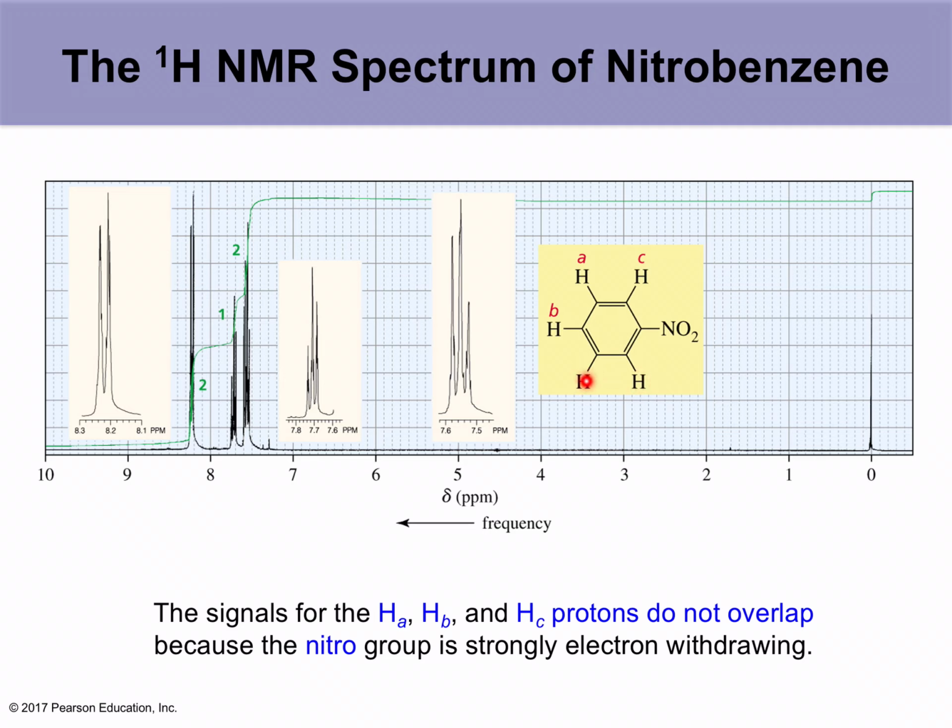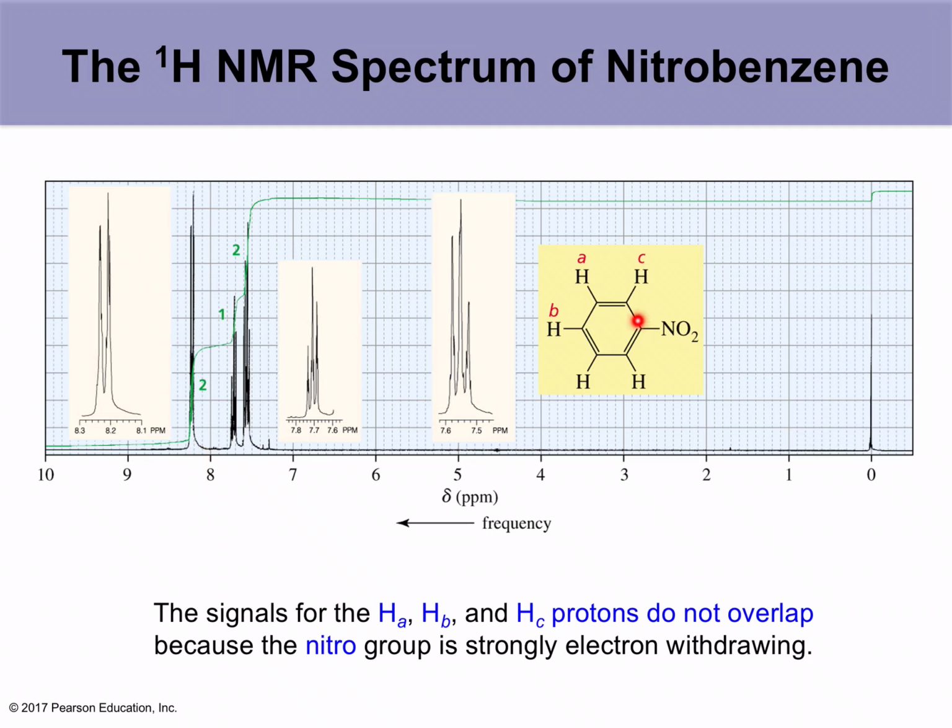These 2 going to be the same environment, and this is going to be the same environment. And this hydrogen A is going to be this peak, and this B hydrogen going to be this one hydrogen, and then the 2 hydrogens which are closer to the nitro group going to be further downfield right there.